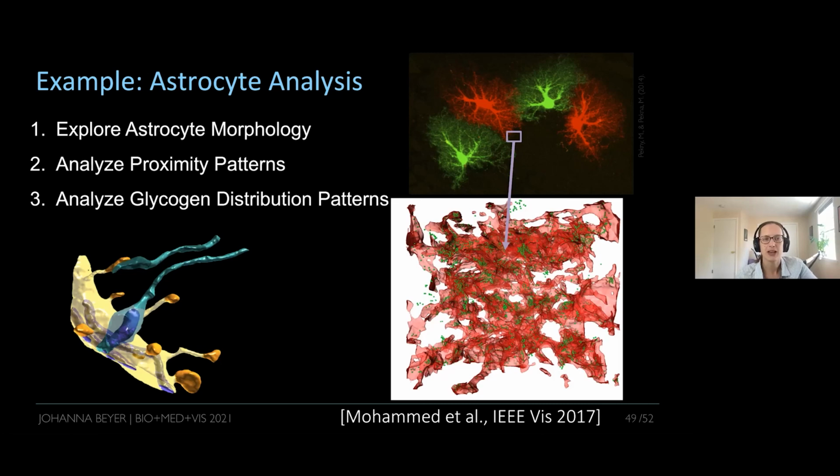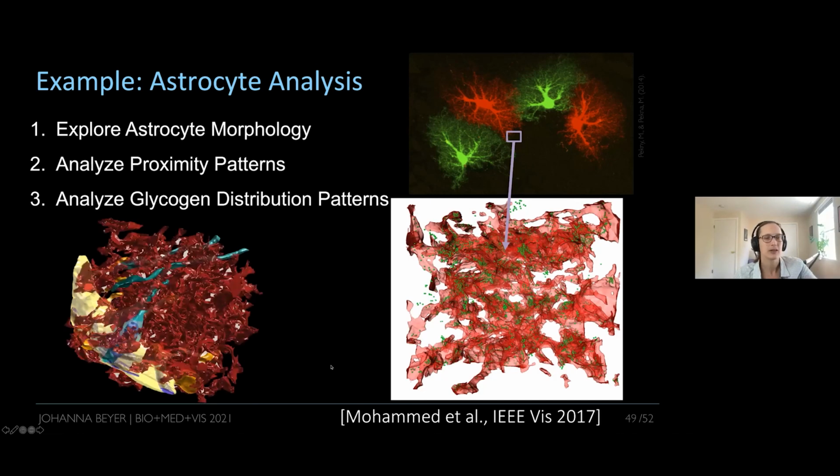So if you want to analyze proximity patterns, for example, if you look at the image on the bottom left, you can see just some neurites. But if you add the astrocytes to the picture, you'll get something like this, where suddenly the astrocyte is shown in red, but if you add it, you don't see anything anymore in the rendering, right? So that makes it difficult to see any proximity patterns or distribution patterns.